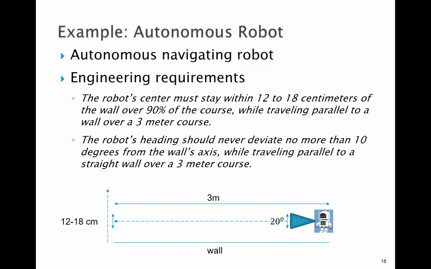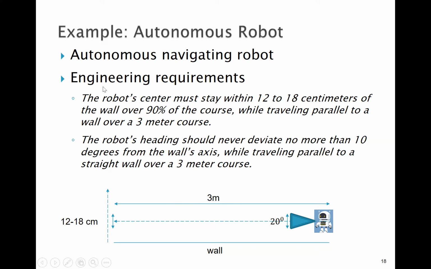Here you can see an example. That's an autonomous robot, as you can see. I try to illustrate this. There's a wall, and this autonomous robot is expected to travel next to the wall, within 12 to 13 centimeters from the wall, over a distance of 3 meters.